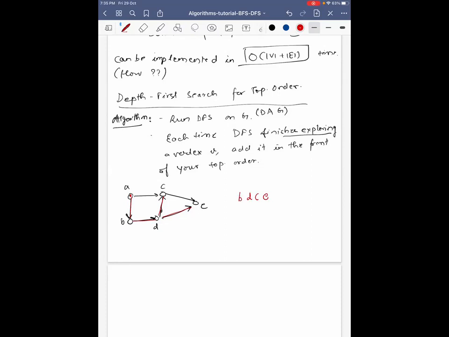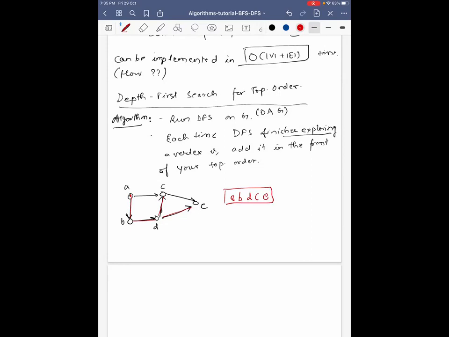Then it's going to go back to A. Now from A, you can only visit C, but again, since C has already been visited by DFS, there is nothing more for it to explore any further starting from A. So it's going to return A and we'll simply prepend it to the list. Okay, so this is going to be my topological order.